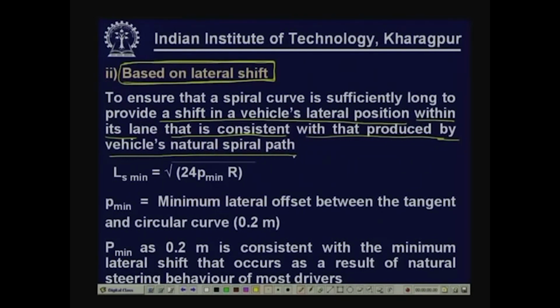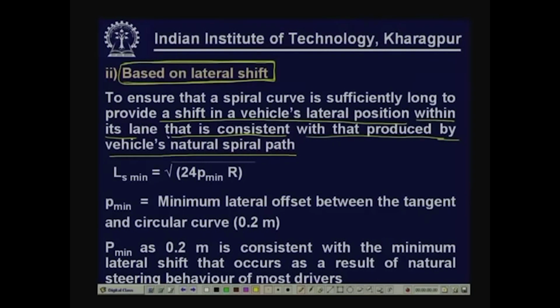Vehicles take a natural spiral path; that is the normal behavior. So, considering the vehicle's natural path, we are considering this lateral shift as a criterion to ensure that the spiral curve length is sufficiently long to provide a shift in a vehicle's lateral position within its length.